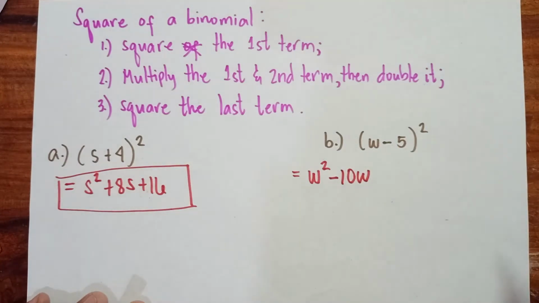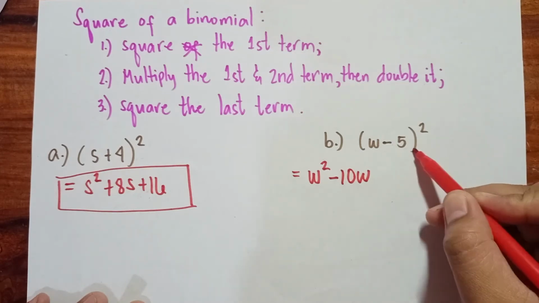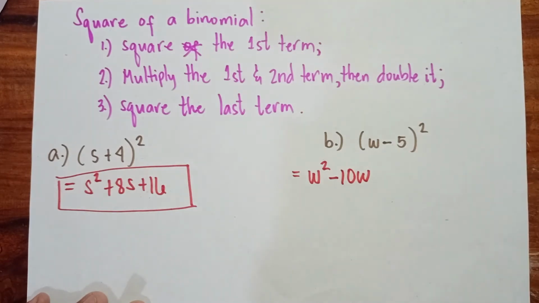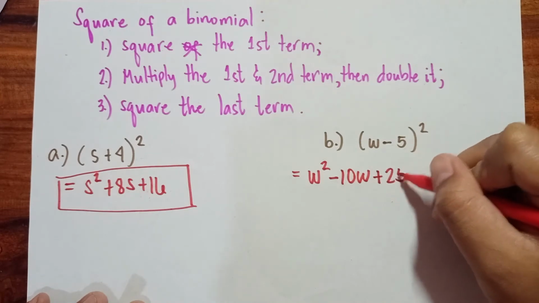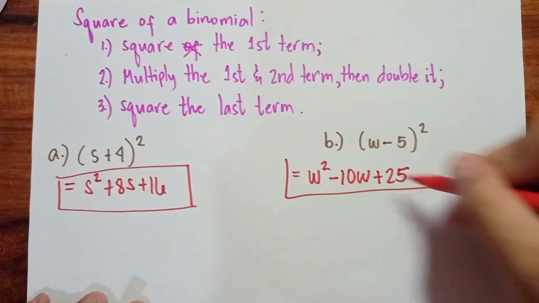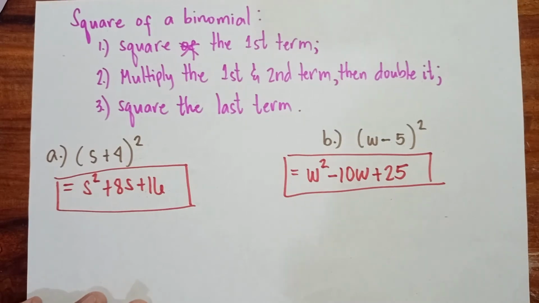And next, the last step is we are going to square the last term. The last term is negative 5, so negative 5 squared gives us positive 25. So therefore, the square of w minus 5 is w squared minus 10w plus 25.